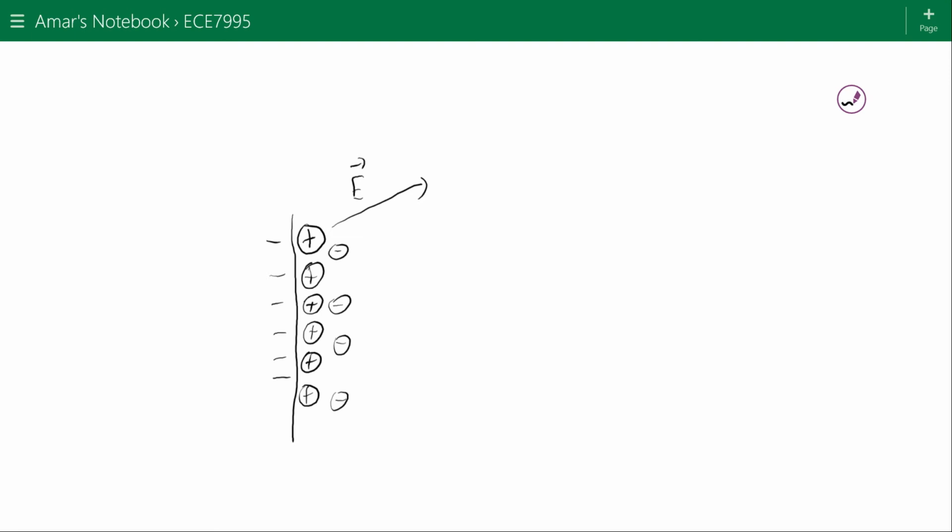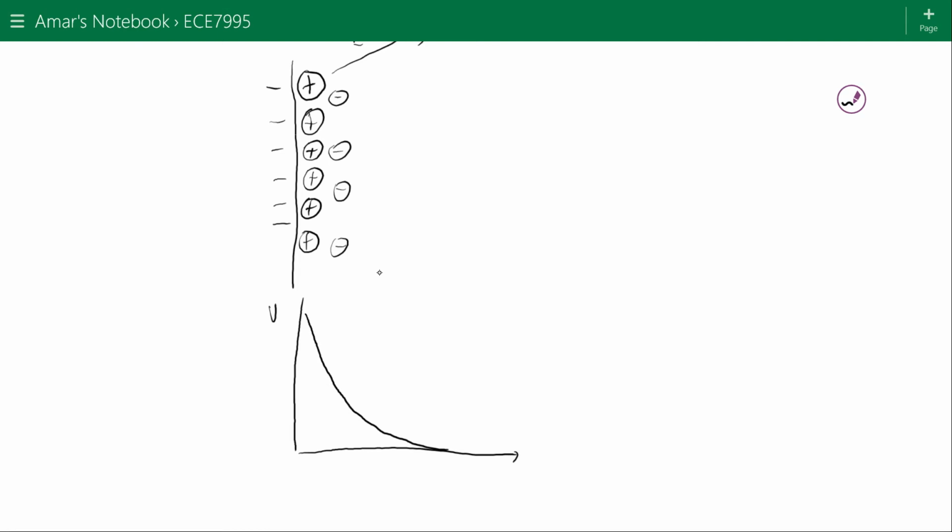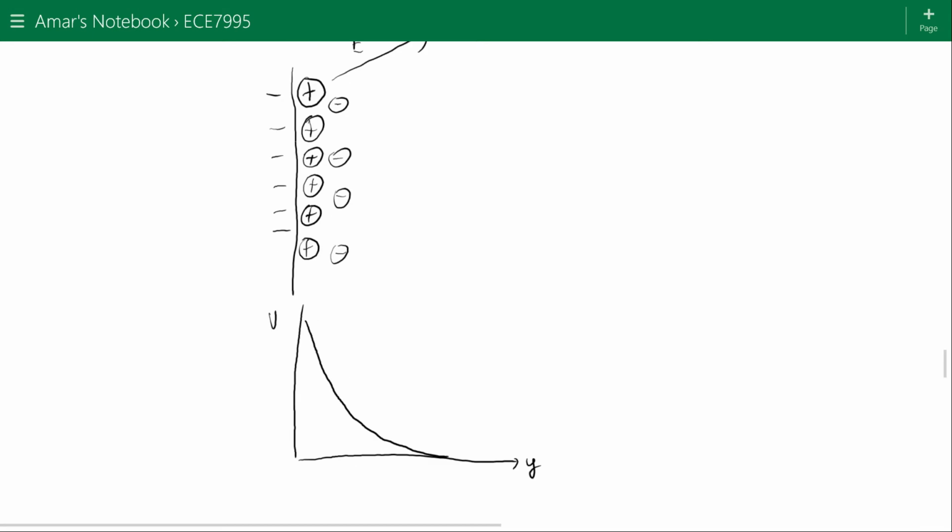And so what ends up happening is that if you were to plot the electrostatic potential, it would go down like this. So y is the distance away from the surface of the wall, and the voltage, or the electrostatic potential, reaches a maximum at the surface, and then it goes down.